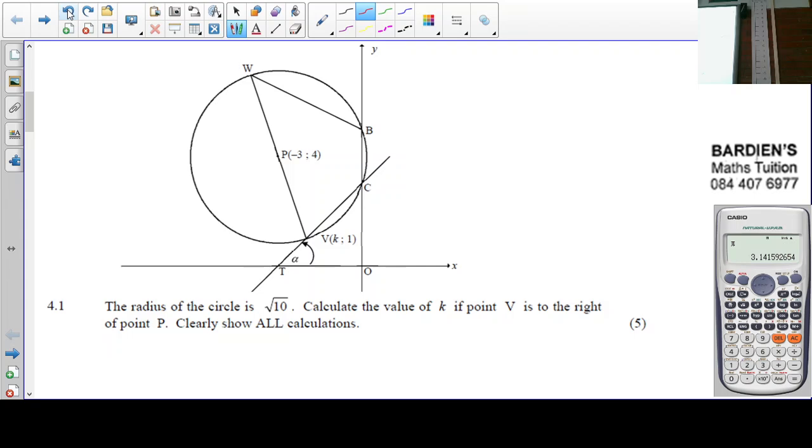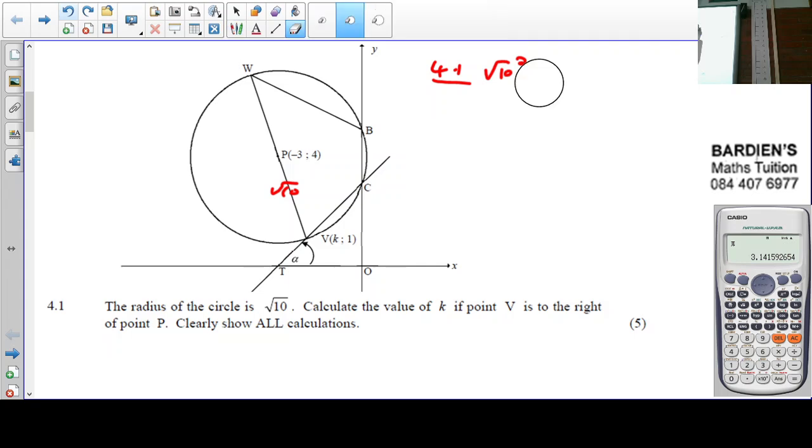Clearly show all calculations. So in 4.1, we need to know the equation of the circle, or I can go with the distance formula. Since the radius, which is PV, is root 10, we'll first write the formula down.